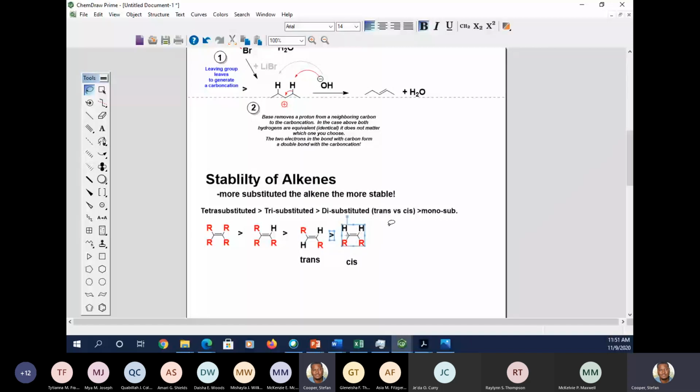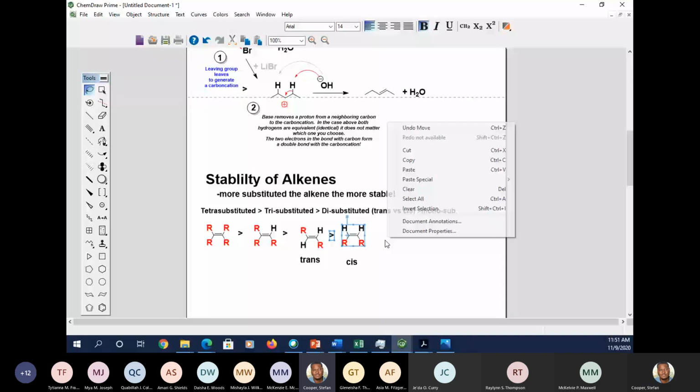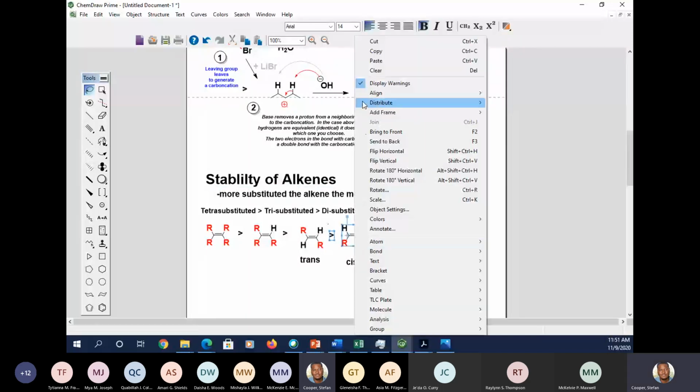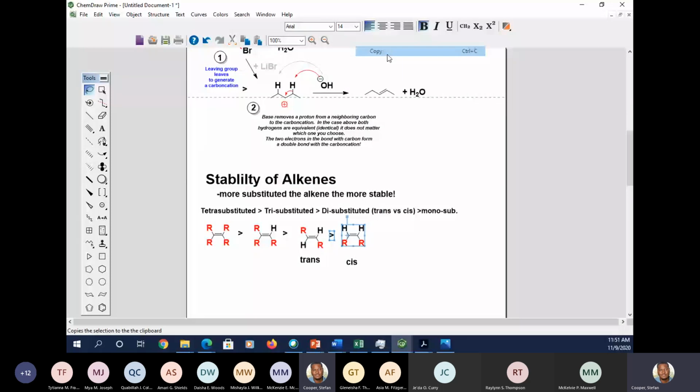And then lastly, it is my mono-substituted system here, and mono only has 1 R group here.